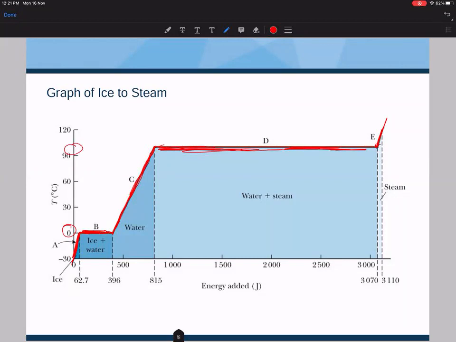You have two different forms of heat energy addition or removal from the system. Either it changes the temperature of a single-phase system, or it is removing or adding heat energy to the system to change its phase without any change of the temperature.